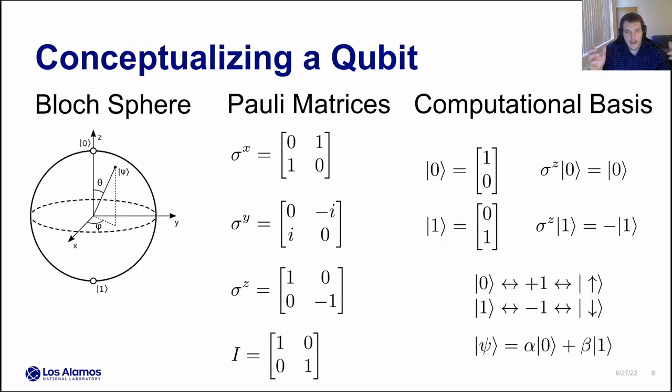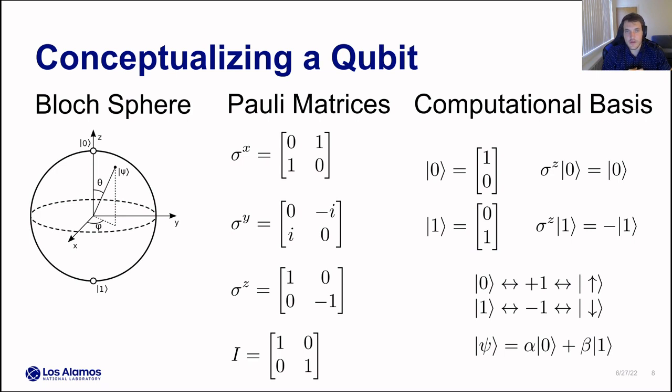So what actually is a qubit? The easiest way to conceptualize it is you can think of it as a unit vector on a sphere. And the way that you figure out what your probabilities of measuring a certain state are is by performing a projection onto the vector that you're trying to compute the probability with.